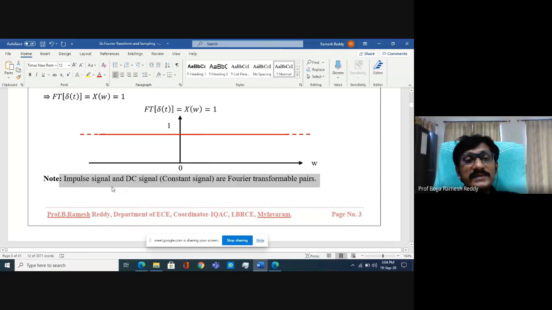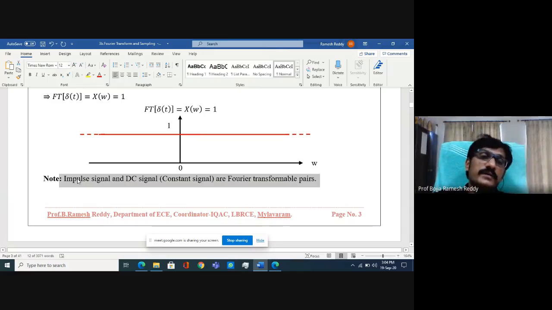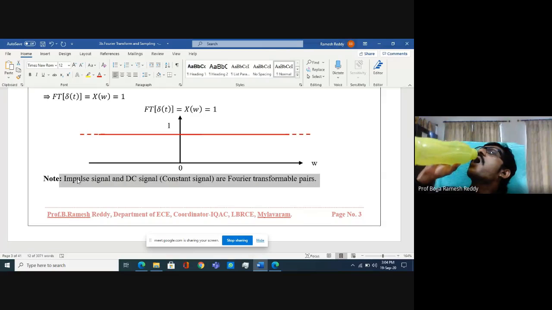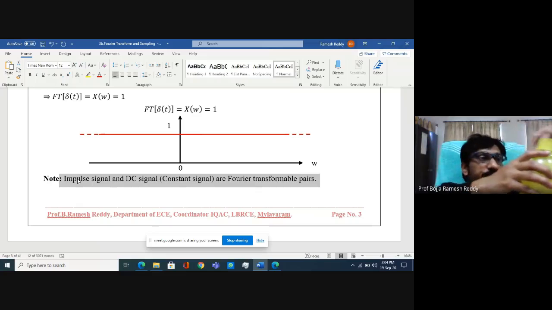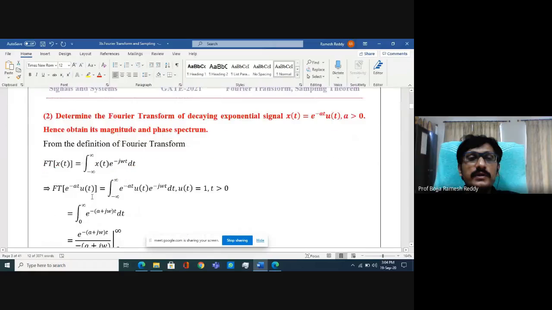Here, impulse signal and DC signals are Fourier transformable pairs. The meaning of this is that the Fourier transform of impulse is DC and the inverse Fourier transform of DC is impulse. That's why impulse and DC signals are Fourier transformable pairs.